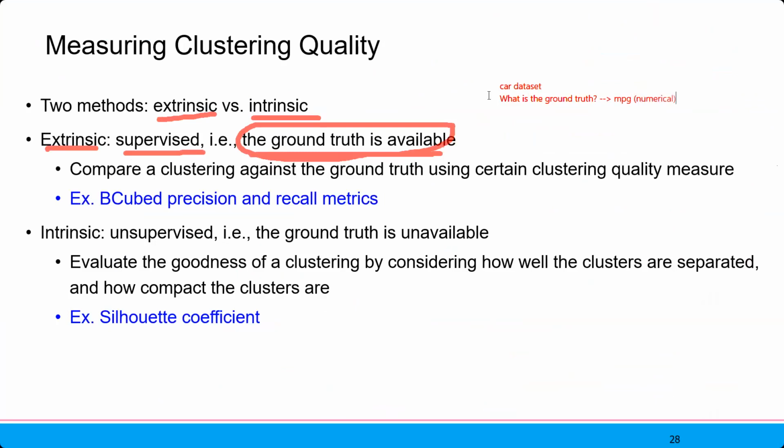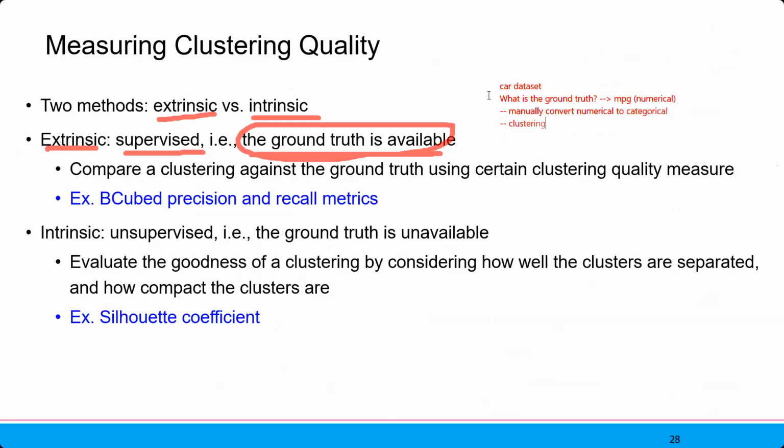But if I want to make it categorical, then I change the numerical into the categorical. So there are two ways. You can manually convert from numerical to categorical, or you can use the clustering to generate the category.